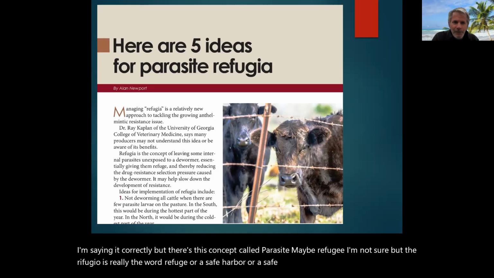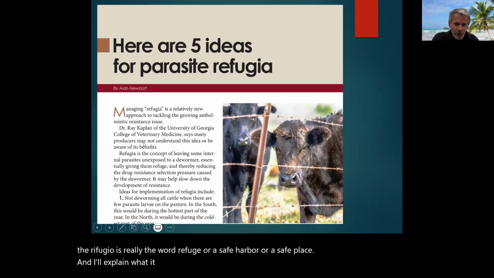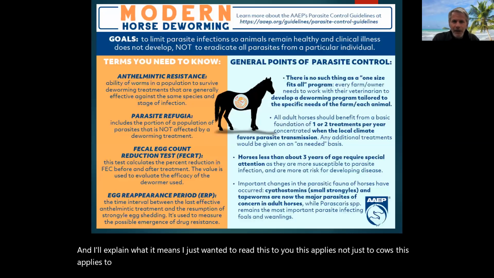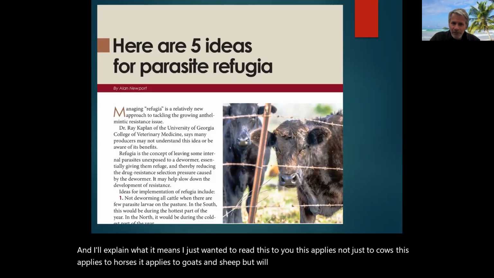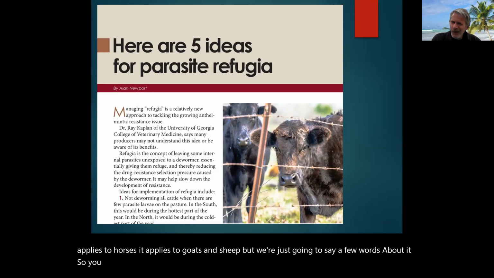And I'll explain what it means. I just wanted to read this to you. This applies not just to cows. This applies to horses. It applies to goats and sheep, but we're just going to say a few words about it so you can understand what is parasite refugia.